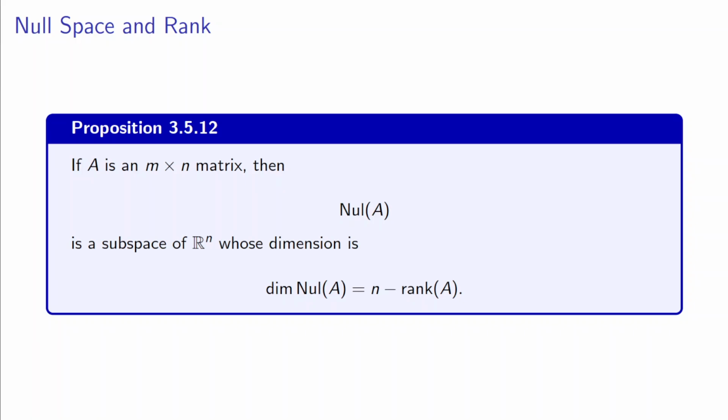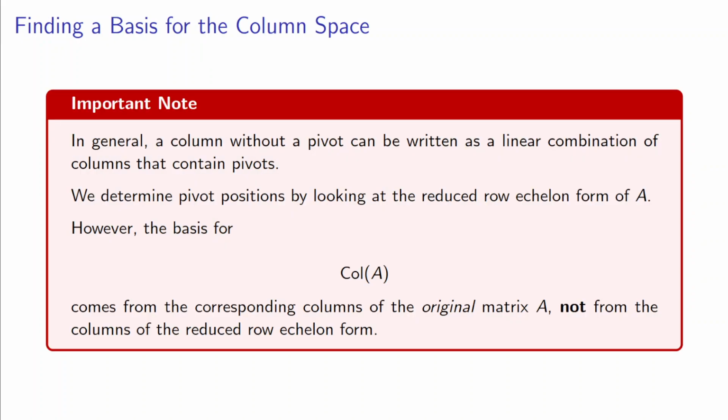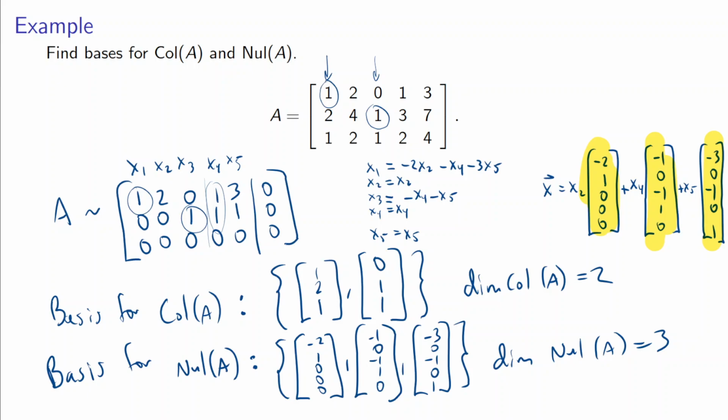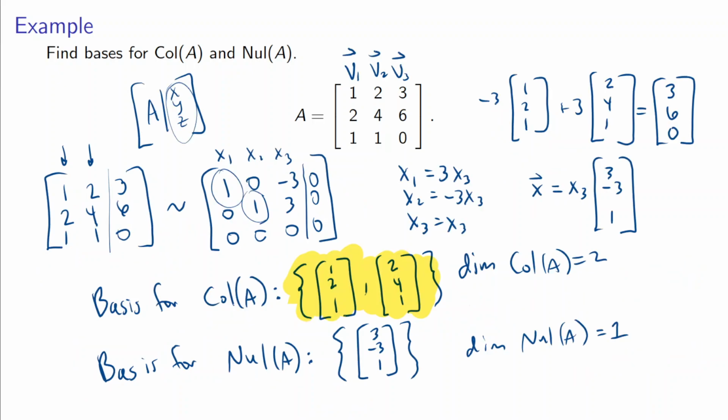And then our null space. If A is an m by n matrix, then the null space of A is a subspace of R^n whose dimension is equal to n minus the rank of A. So again, if we go back to each of these examples, n is the number of columns. In this case, we see that the dimension of the null space is 1, which is equal to 3 minus 2, n minus the rank of A, the number of pivots.